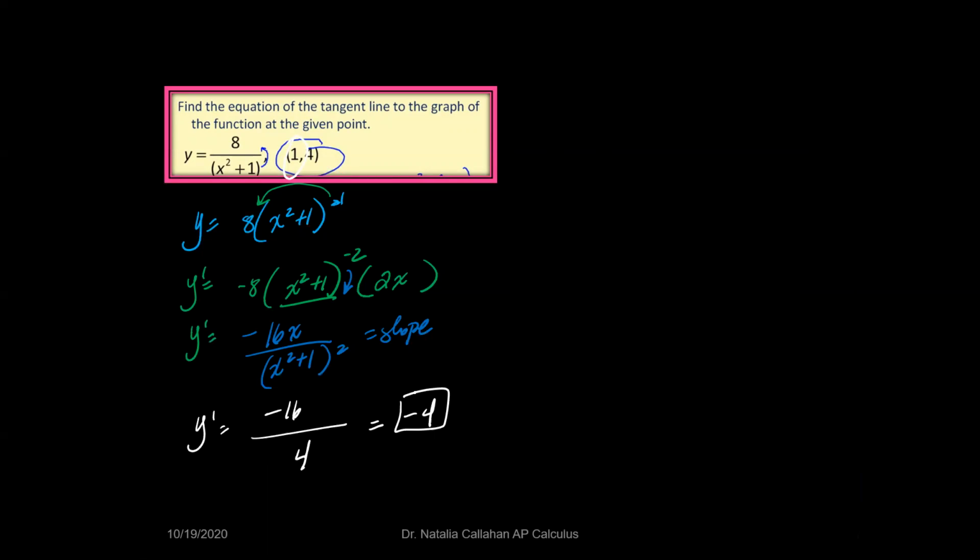So I want to find the equation for this, and you could use either slope-intercept form or point-slope form. I'm going to use point-slope form because I feel like I use slope-intercept form quite a bit. So that is y minus y sub 1 equals m times x minus x sub 1.